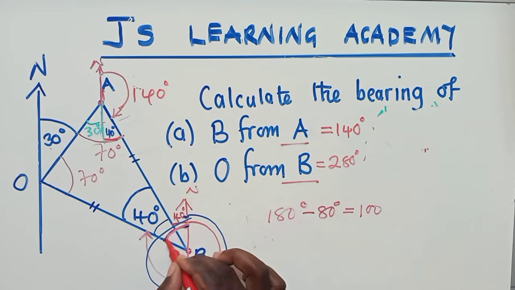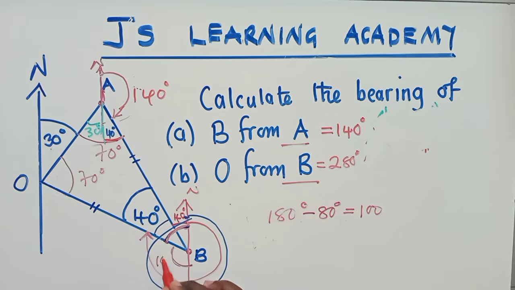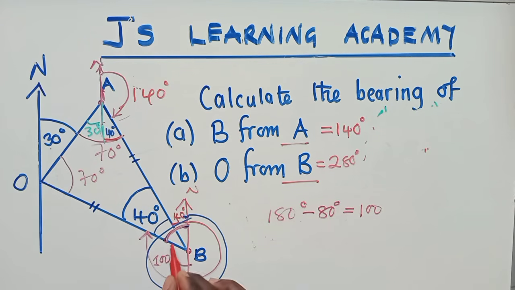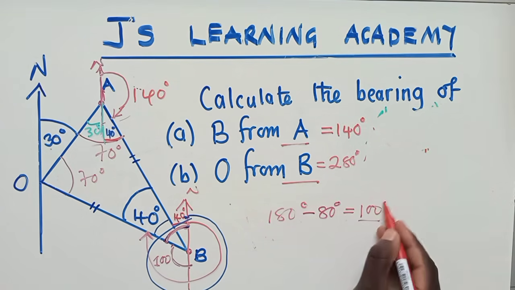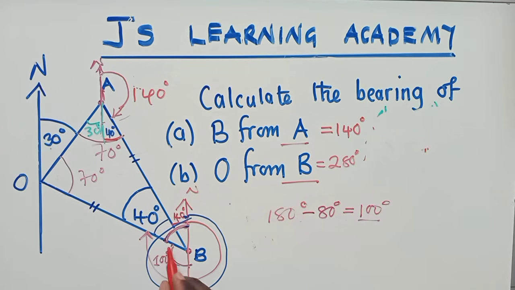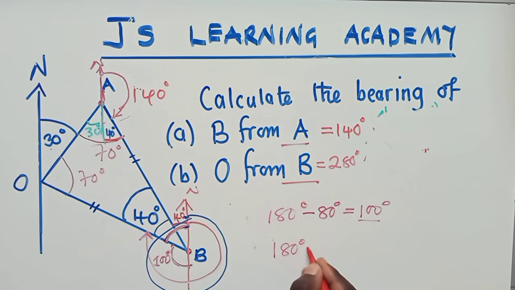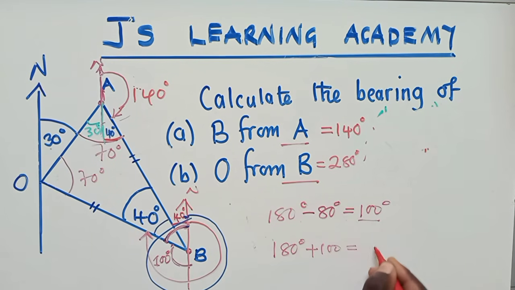So 100 is for this one. From here to here it's 100, which we have here, 100 degrees. So since we have got 100, and we know that from here to here it's 180, so we can say 180 plus 100, it will still give us 280 degrees, which is our solution.